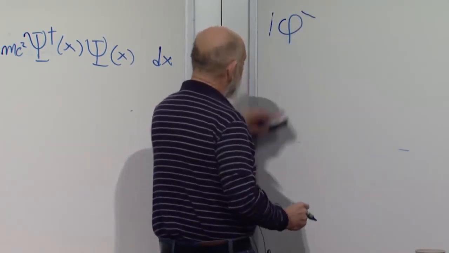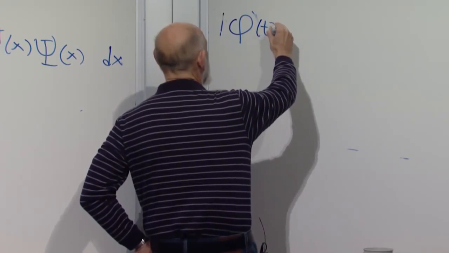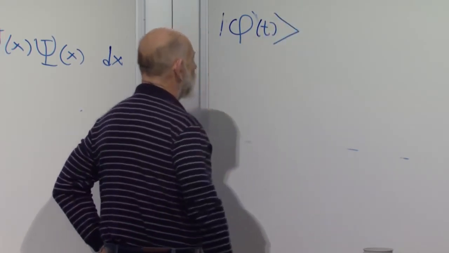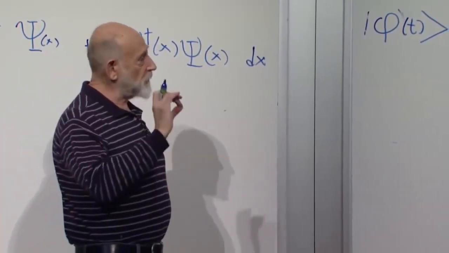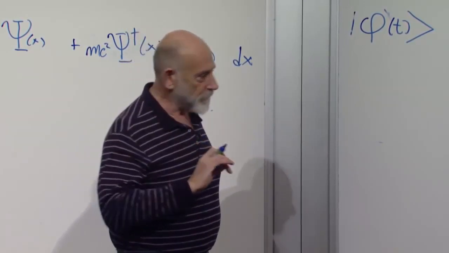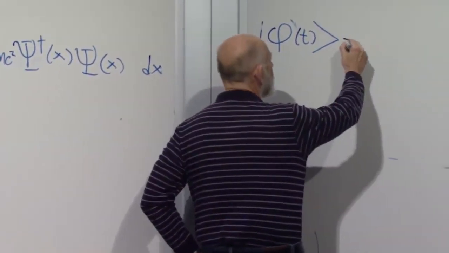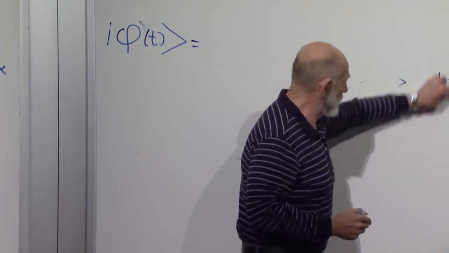Right, if the state of the system at one instant of time, let's say at time t, is the vector phi of t, then what is it at the next instant of time displaced by time epsilon? Well, the answer is, that's what the Hamiltonian does.